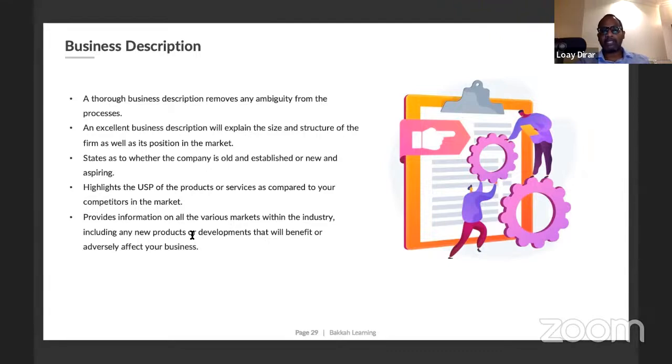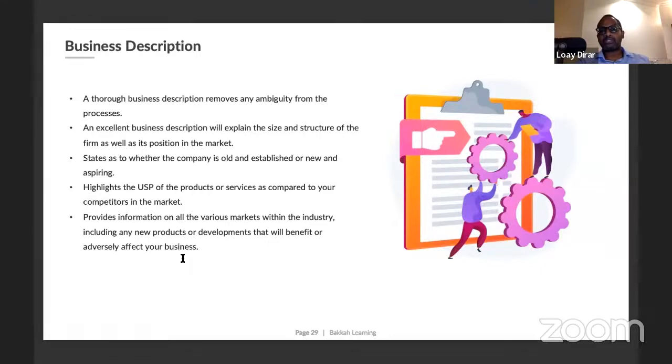Are we starting in the market, getting into the market? Are we newcomers, or are we mature players in the market? It states whether the company is old and established, or new and aspiring, and helps to highlight the unique selling proposition, which we call USP, which is quite close to our core competence areas, or the areas in which we're going to give our competitors a hard time.